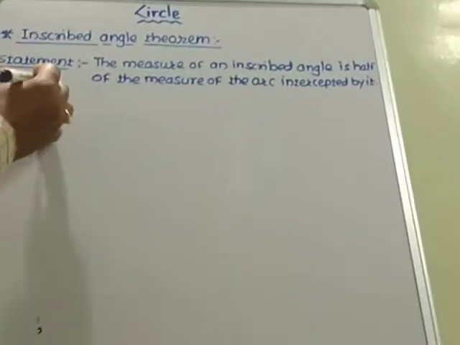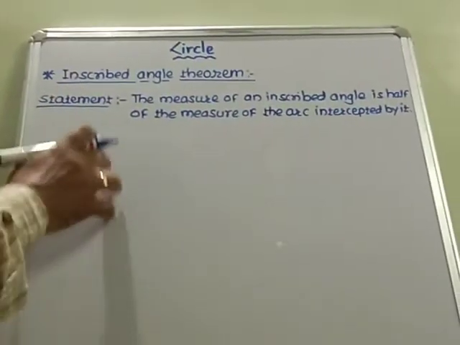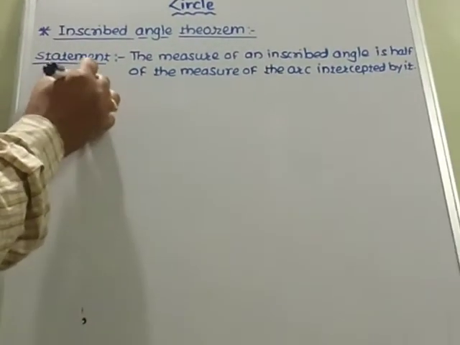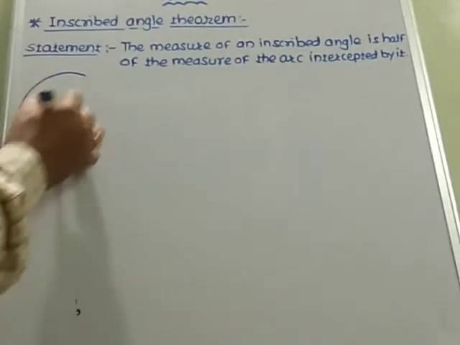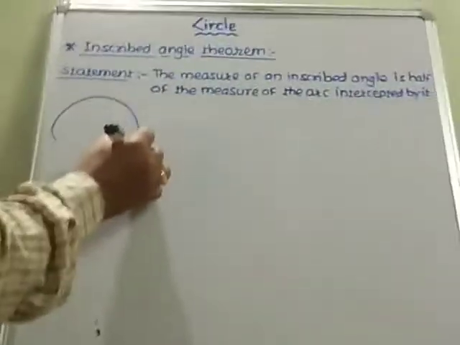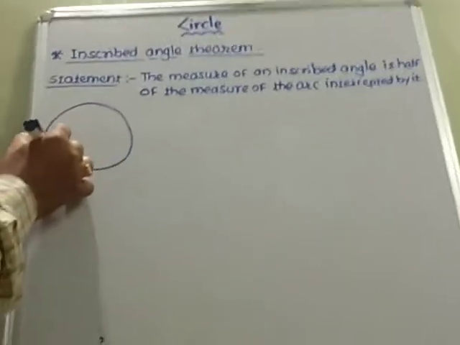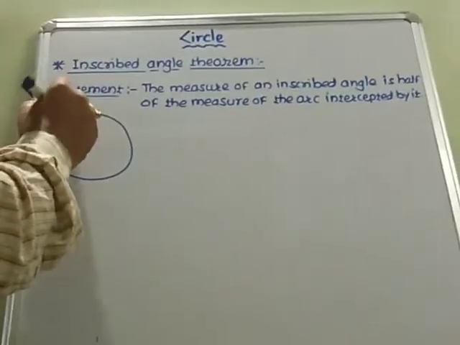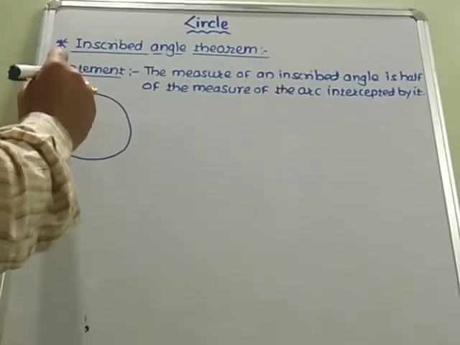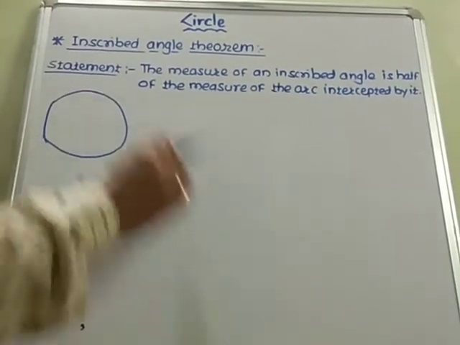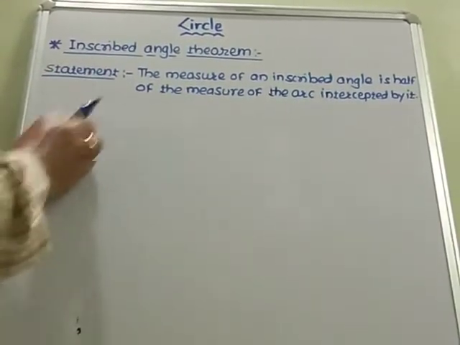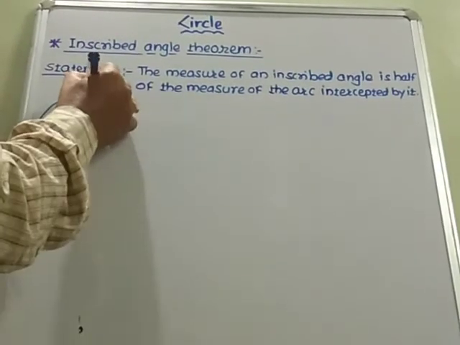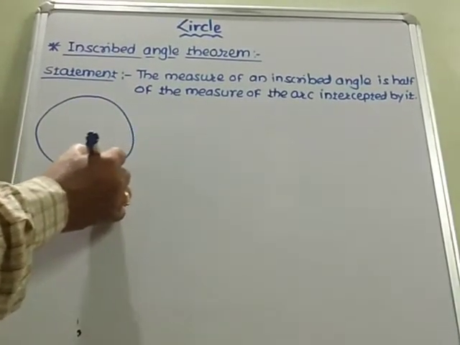Okay. Now here is a small diagram of a circle I draw. That means this is the diagram. Sorry, don't go on my diagrams, but you can understand the concept with regard to this.